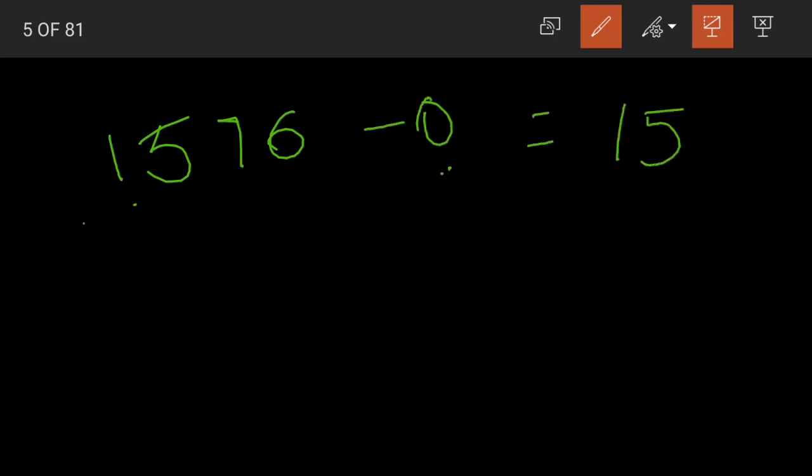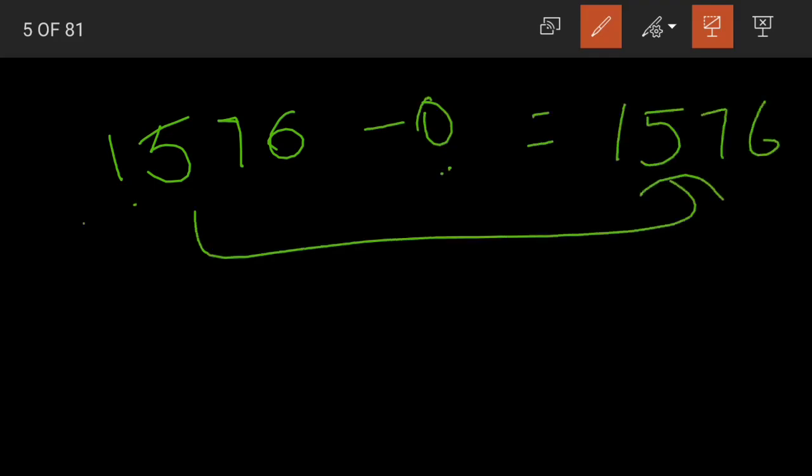Children, this is a subtraction fact. Even if I take a very big number, 1576, and I subtract 0 from it, the answer will be 1576 only. Whatever the number, whenever we subtract 0 from it, the answer will be the number itself.